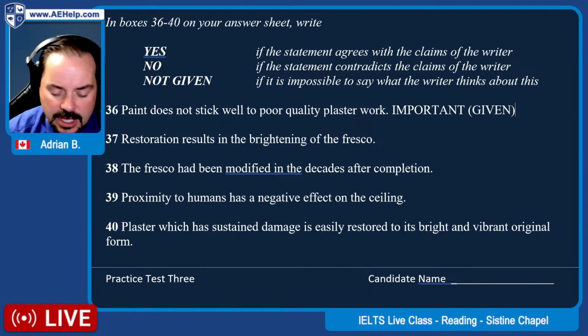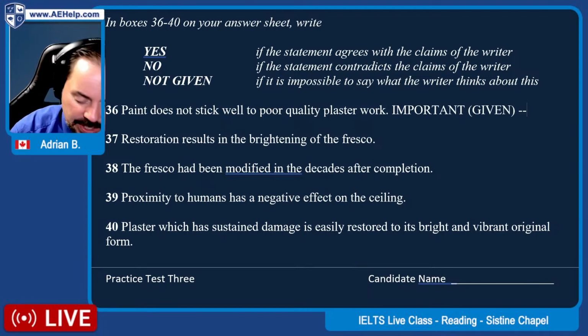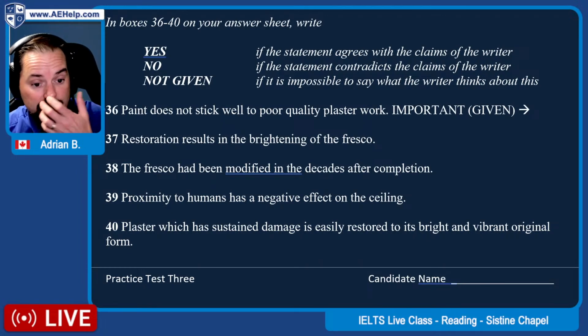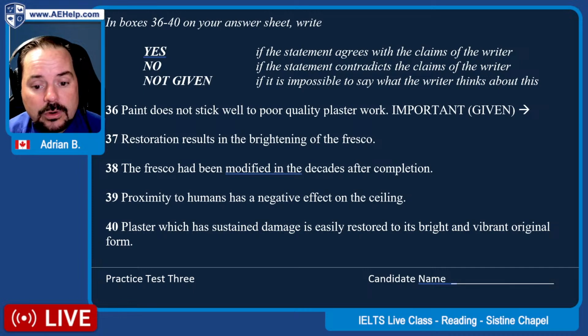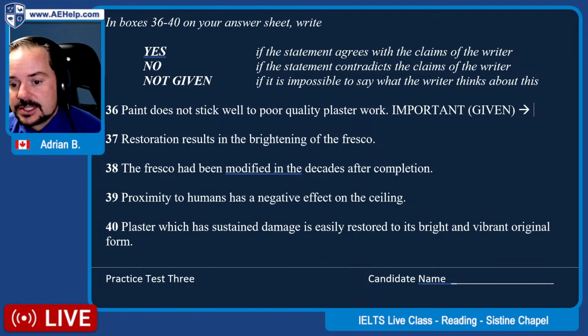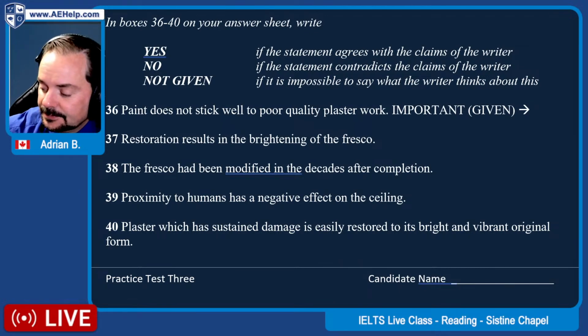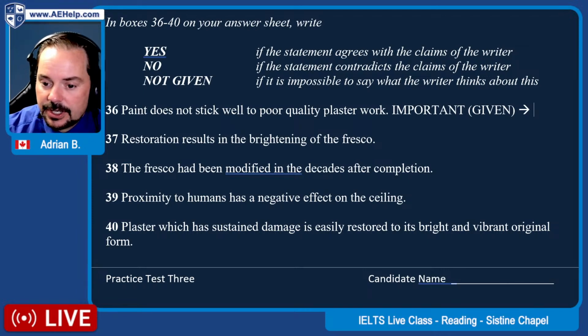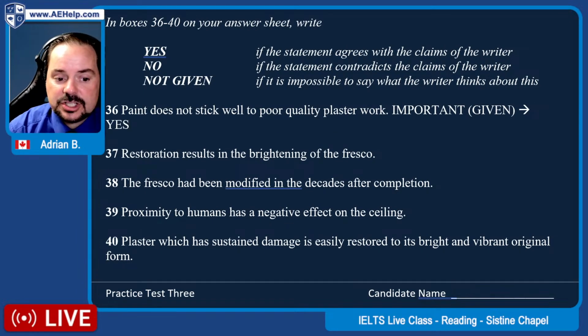Now that we know that it's given, we can ask another question. And the next question is: is that true? Is it true that paint does not stick well to poor quality plaster, according to this passage? Is it true or is it false? Does paint stick to bad plaster? Maybe it's yes. It's given in the passage. I agree. Yes. 100%. In the passage, it does say that.